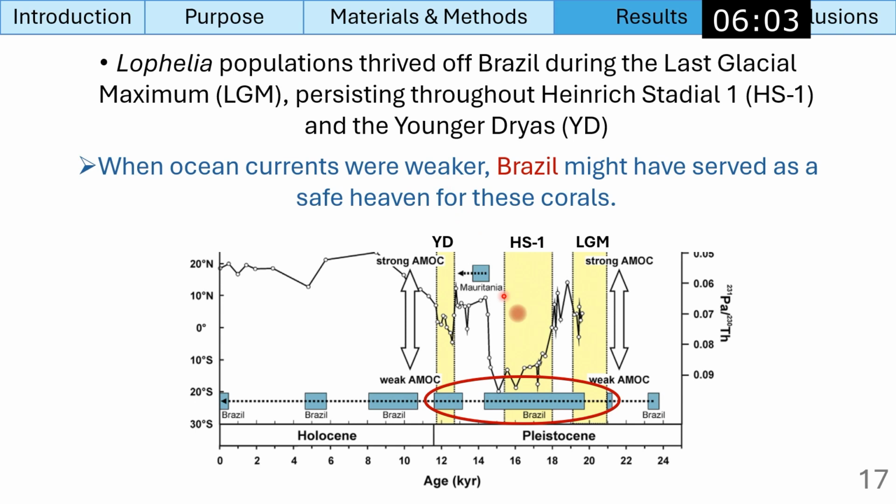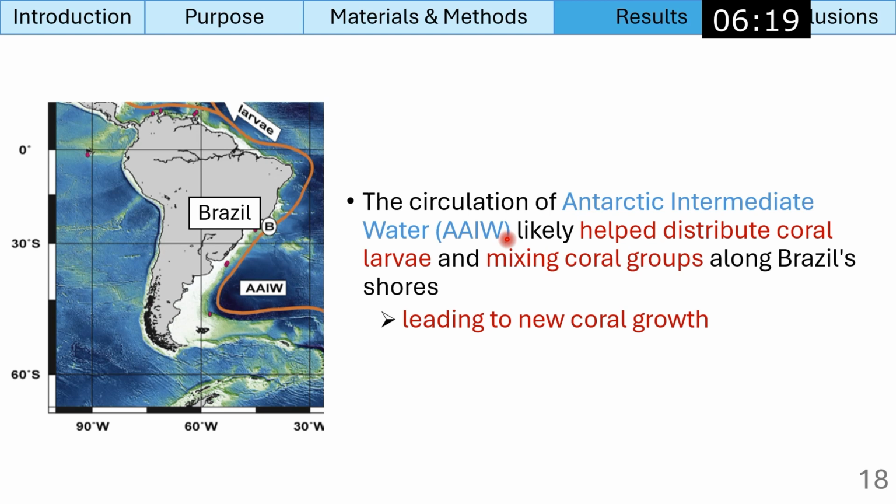So, Lophelia populations actually thrived off Brazil during the three special events. When the ocean currents are weaker in three cold periods, Brazil might have served as a safe haven for these corals. And also, the AAIW is likely to help them distribute larvae and mix the coral groups along the shores, which leads to further coral growth.